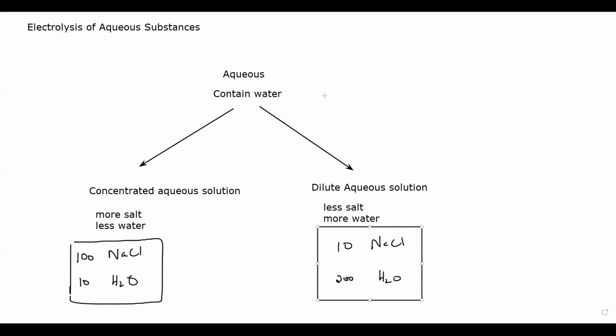An aqueous solution can be concentrated or dilute. The electrolysis of aqueous solution is divided into two categories, because when we have a concentrated solution we have different products, and when we have a dilute solution we have different products.